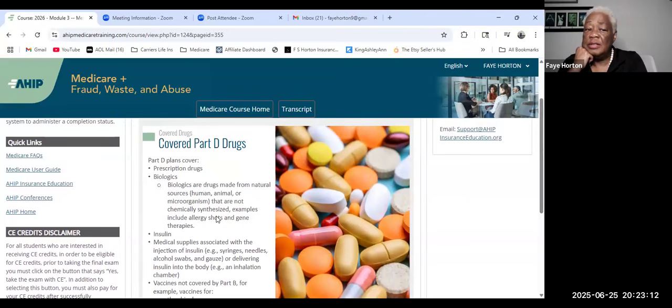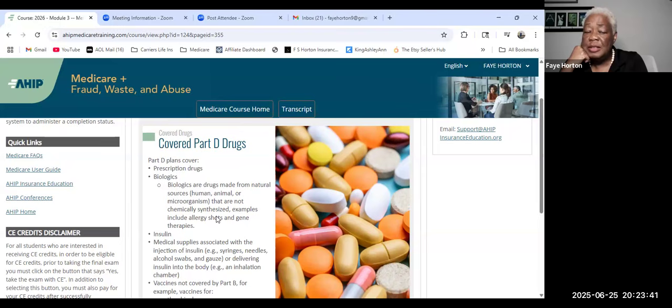Covered Part D drugs. Part D plans cover prescription drugs and biologics. Biologics are drugs made from natural sources, human, animal, or microorganism, that are not chemically synthesized. Examples include allergy shots and gene therapies.